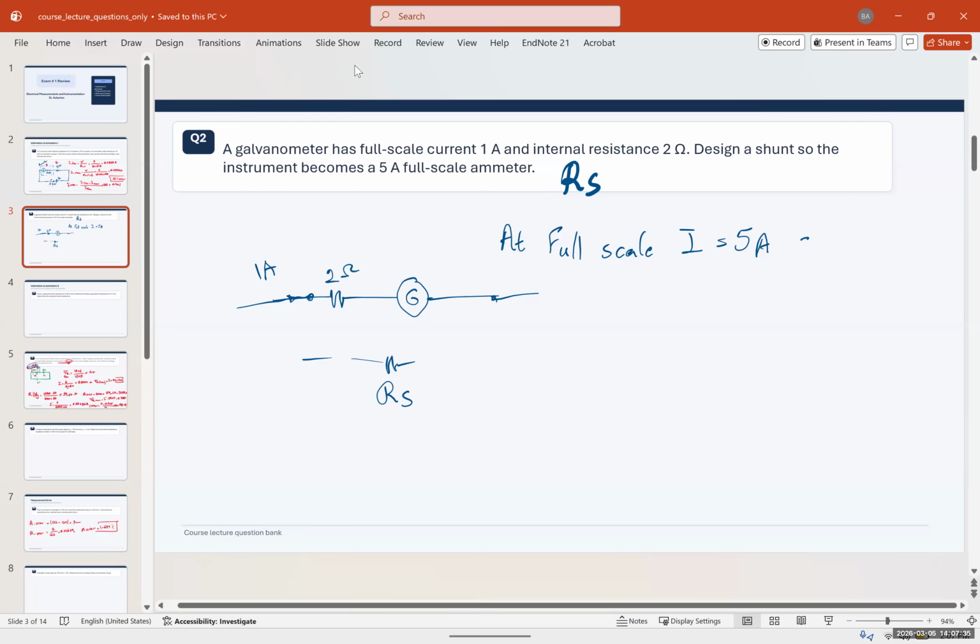So I want 4 amps to go through RS. If we have 5 amps coming in, the maximum that the galvanometer could take is 1 amp, and the rest should go through the R shunt. So I of the shunt should be 4 amps.